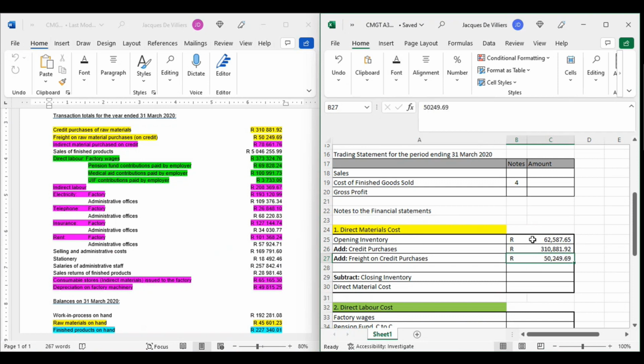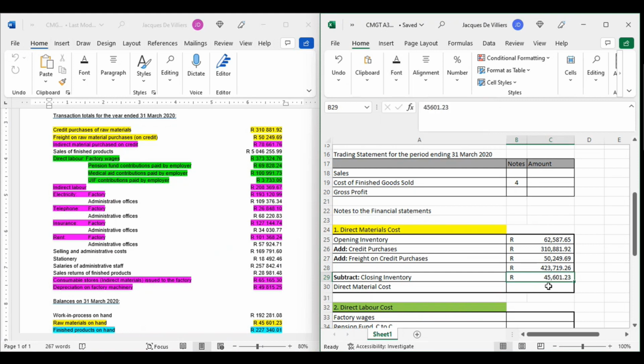Okay. Then what we do is we add these to get to a first subtotal, and then we get 423,719. Then we look and see that our closing inventory was also given as 45,000.